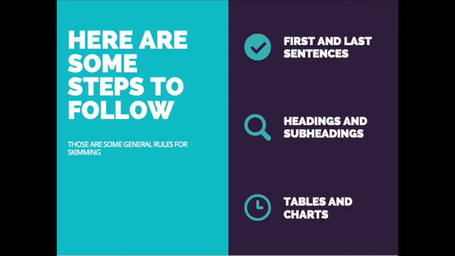First thing you need to try is reading the first and the last sentences in each and every paragraph. They can usually imply whether or not this paragraph has useful information or not.